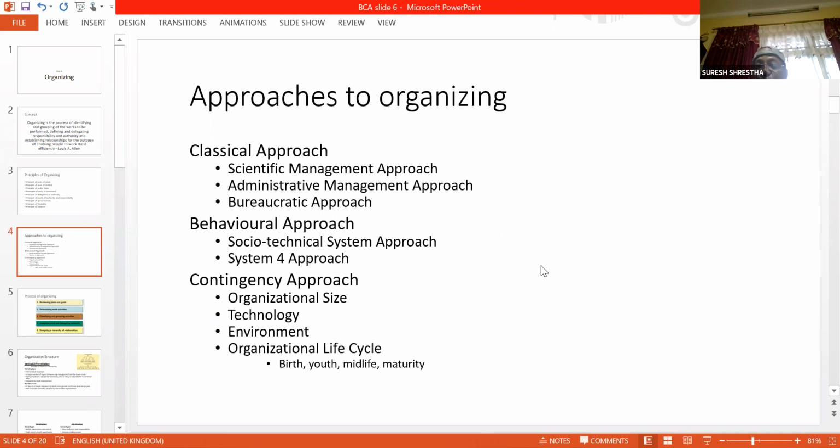In the socio-technical system approach, it's not only the machines that are there in the organization, so you have to also consider the behavioral approach. You are also considering human behavior in organizing. In organizing you take all these human aspects as well, not only the technical but also the human aspects.